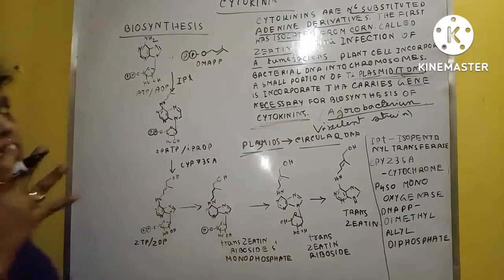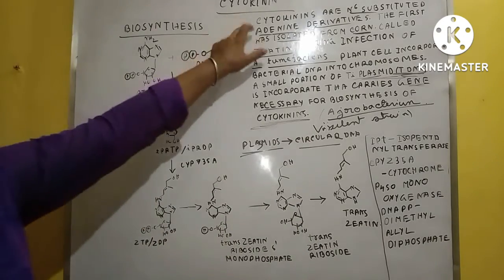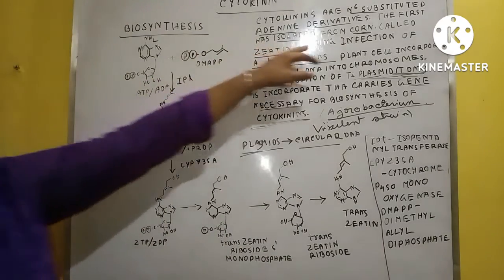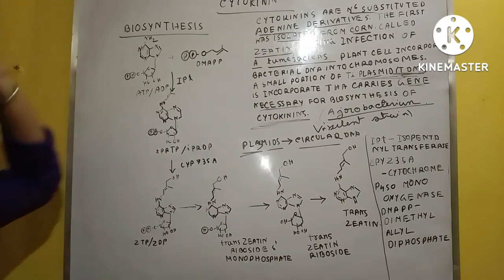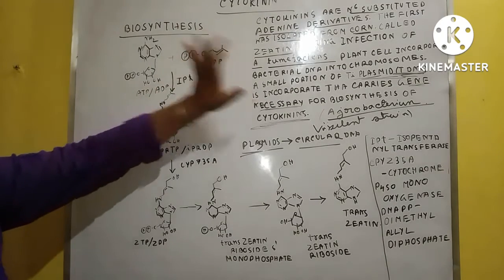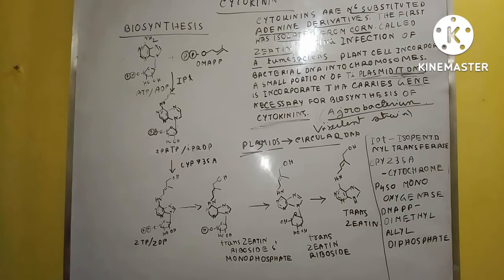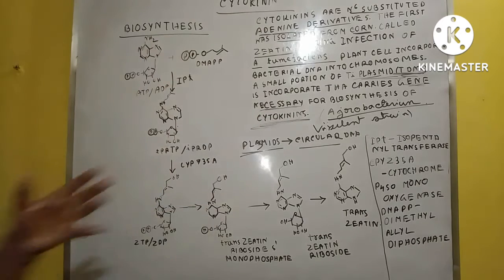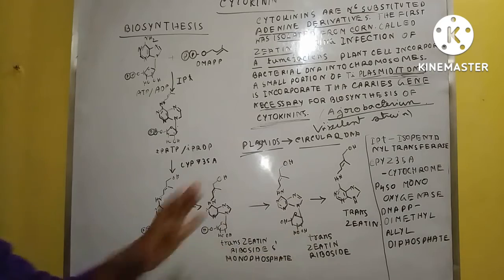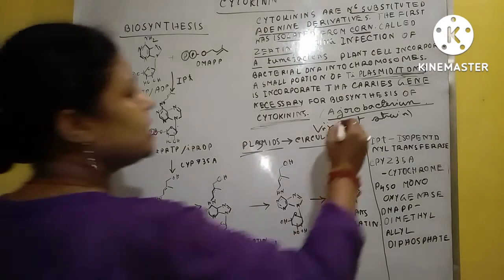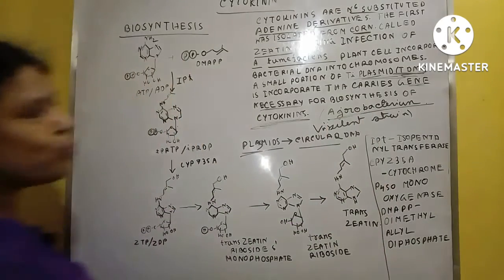So what did we learn here? This is the adenine derivative, first isolated from the corn and known as the zeatin. And infection of the A. tumefaciens, what happens? When it infects the plant's body, its DNA is incorporated into the host cell, and this is a virulent strain, another that is called the agrobacterium.